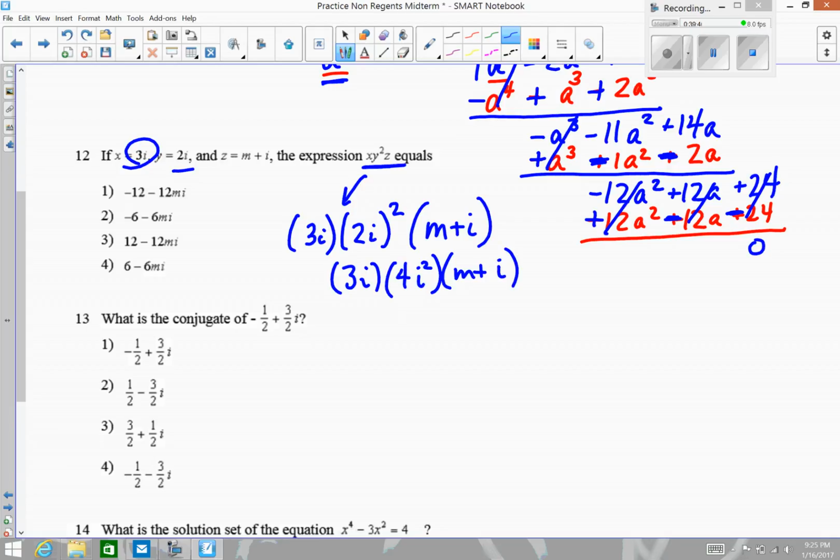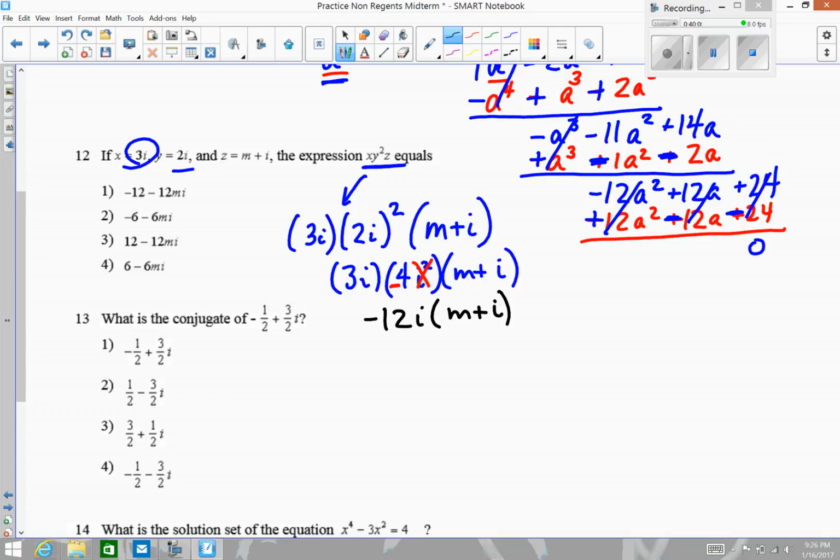Alright, I need to change my i squared to be a negative 1. So we're actually going to multiply that and get a negative 4. Now as I multiply 3i times a negative 4, I get negative 12i, and that's multiplied by m plus i.